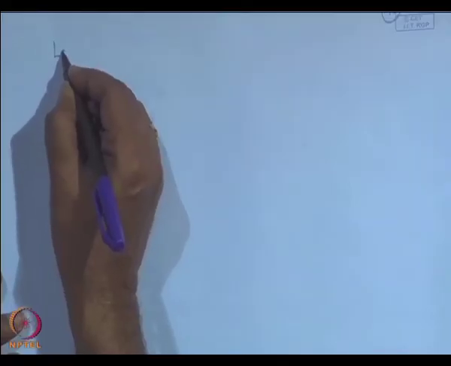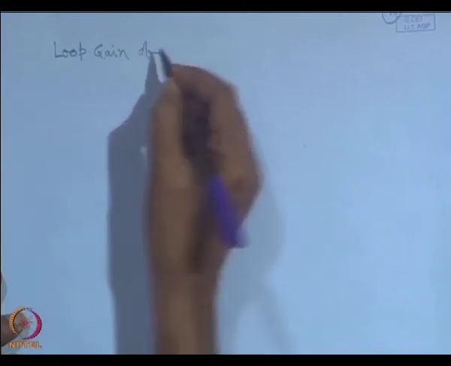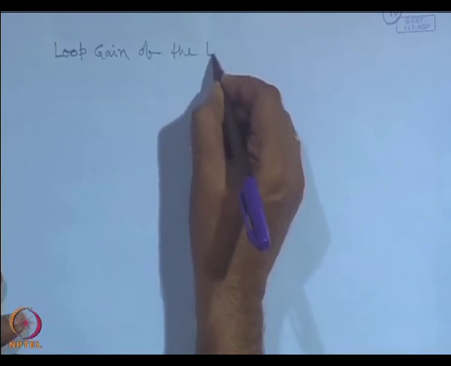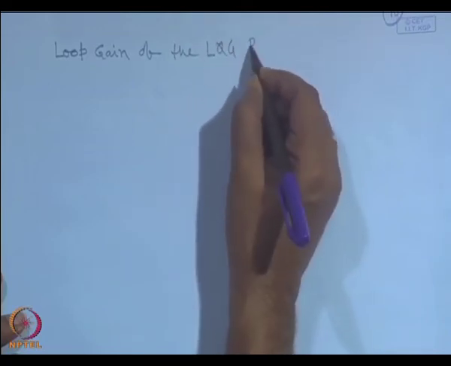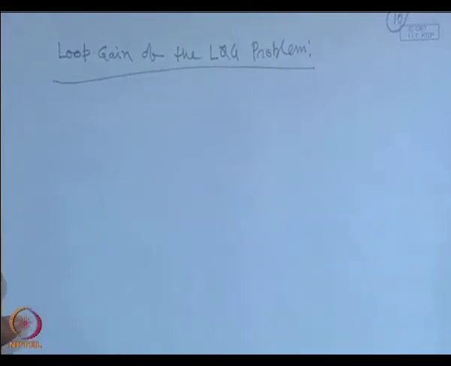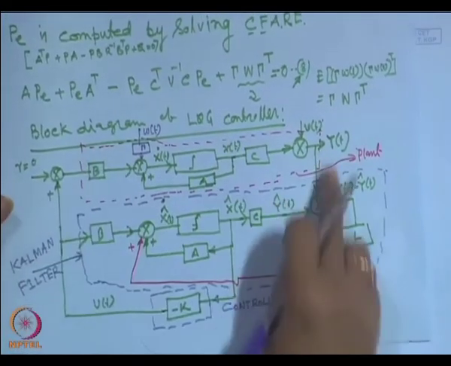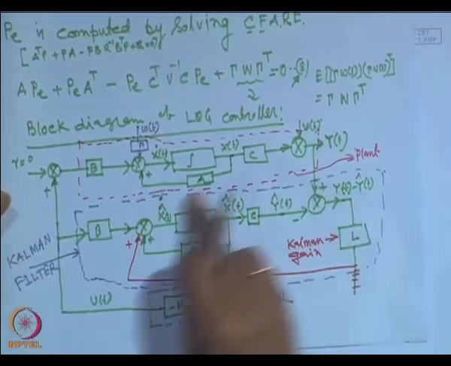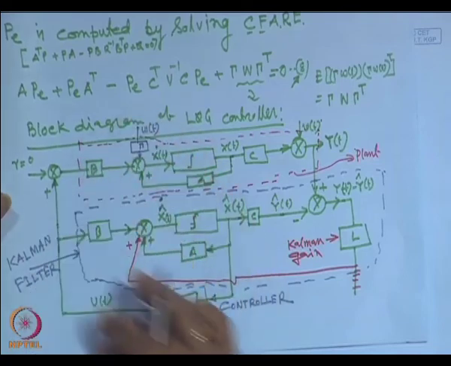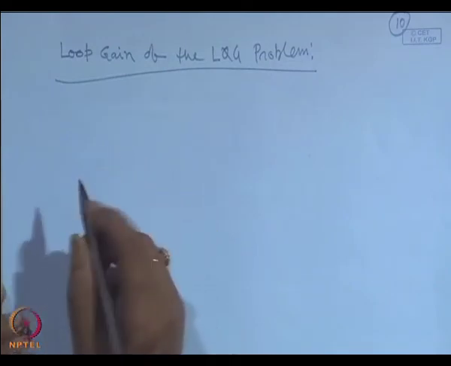Now let us investigate our loop gain of the LQG problem. If you look at the LQG problem, our basic structure is the system, then the Kalman filter, then the controller. So what is our loop gain of these things, we can make it in simplified form.